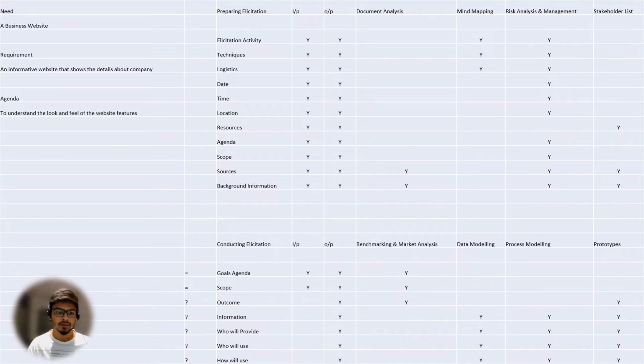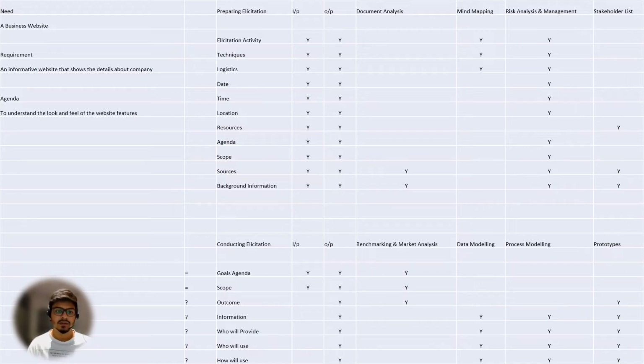So you'll do that analysis and you'll keep it here. A stakeholder list is also helpful to identify the resources, resources as in people, common users, end users, who are actually the business users. Those are also helpful there.